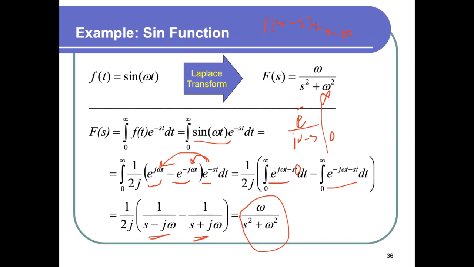If it's negative, then it's 0. I mean, with the exponent, right? Because the exponent, e to the power of minus infinity, is 0. But e to the power of infinity is infinity. So I just told you that s is greater than j omega. It's a greater number than j omega, which makes this difference negative. That was the only thing I wanted you to observe.